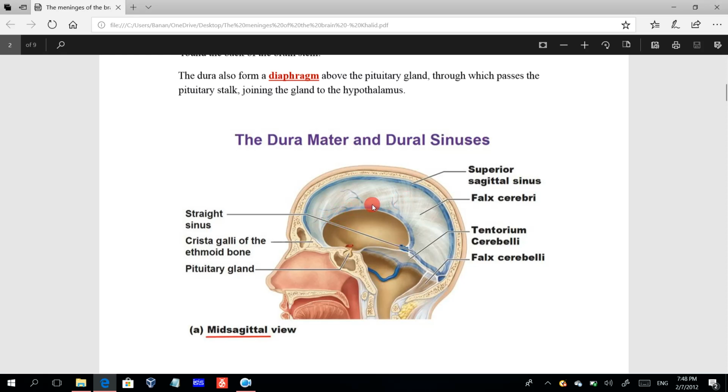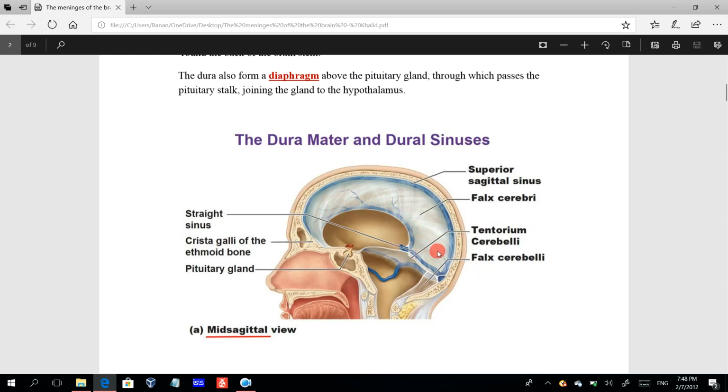Here we have only the meningeal layer folded, forming this membrane and forming another space here, which is called the inferior sagittal sinus.